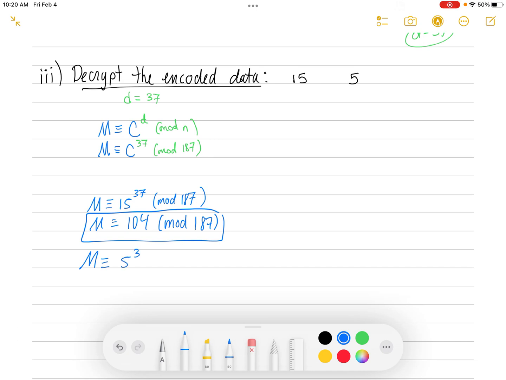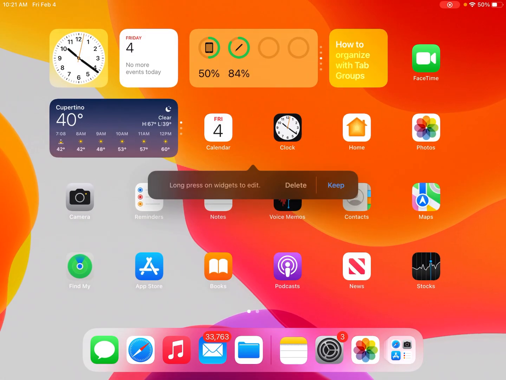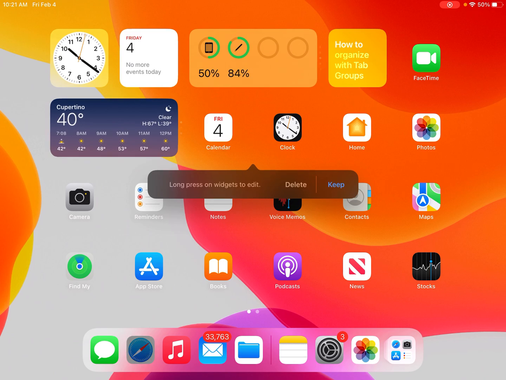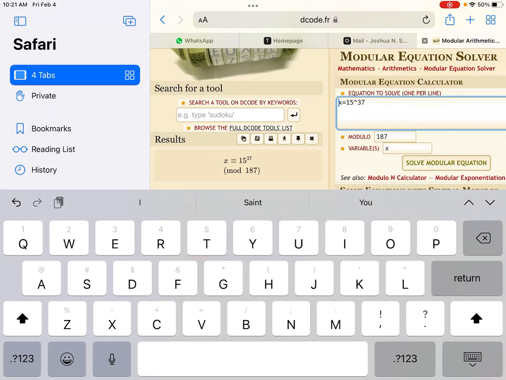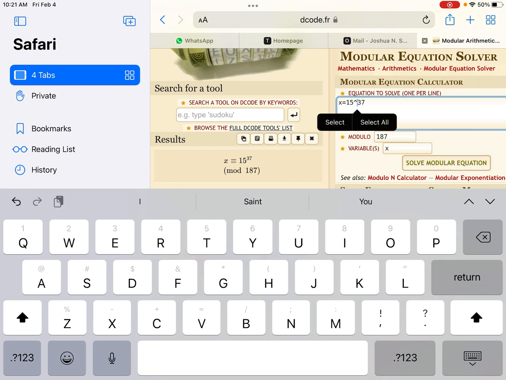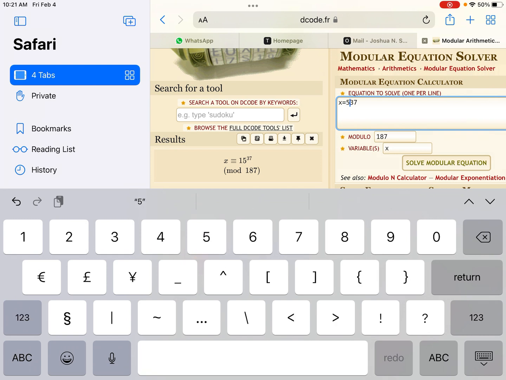Also we're going to do 5. We're going to do 5 to the 37 power mod 187. So we need to reduce that. Let's see, can we type it in? Where's the caret?